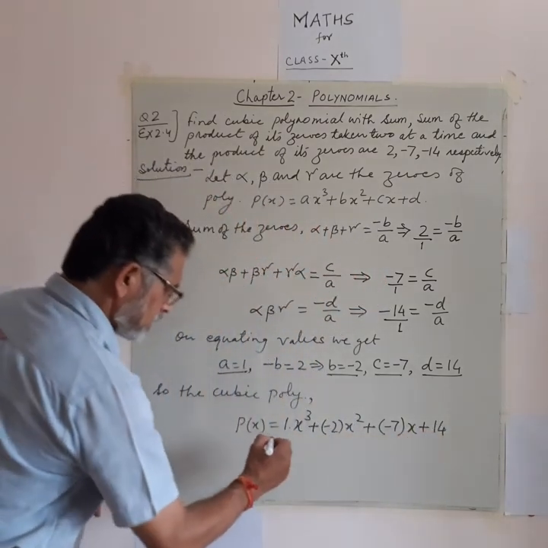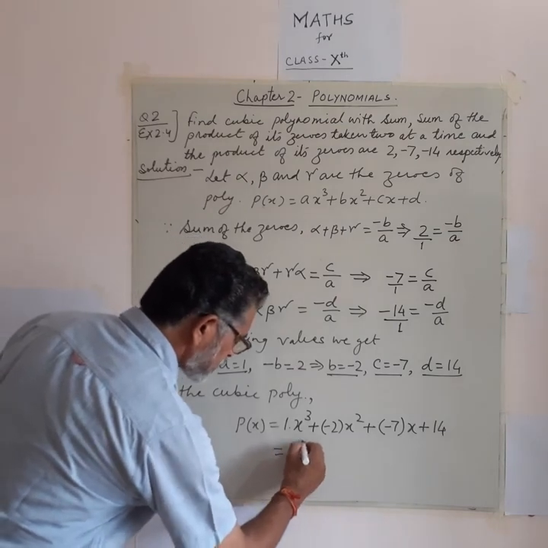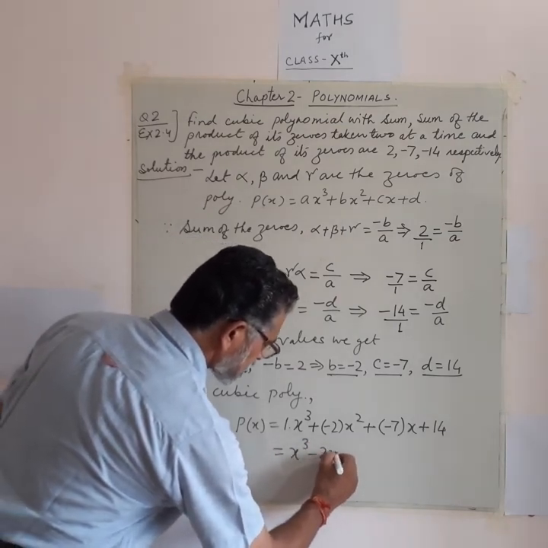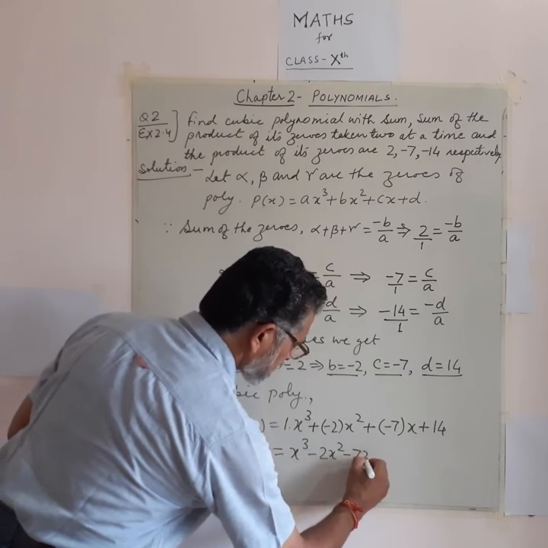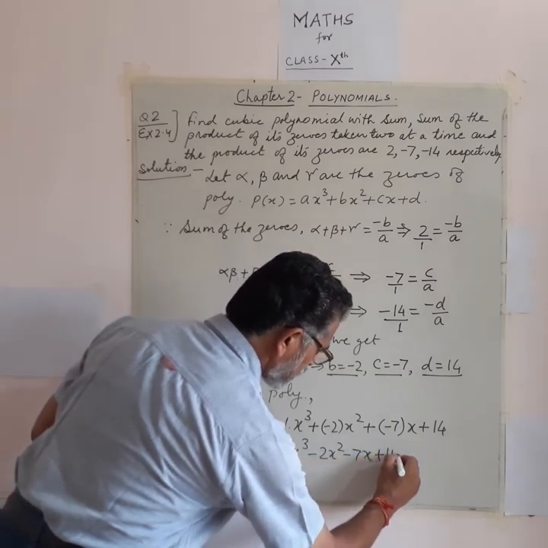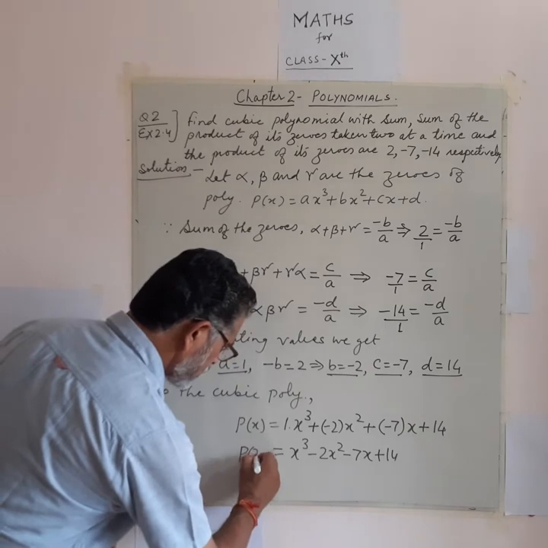So it becomes x cube minus 2x square minus 7x plus 14. So this is the cubic polynomial.